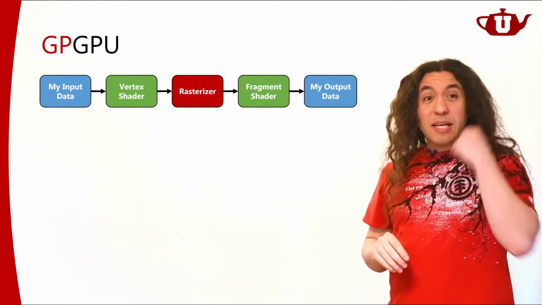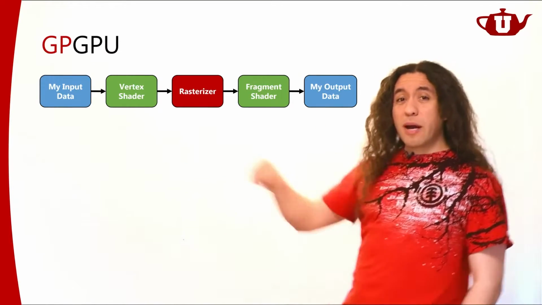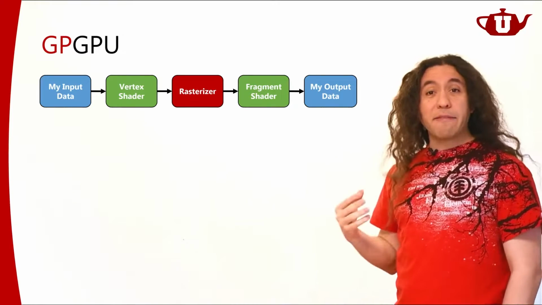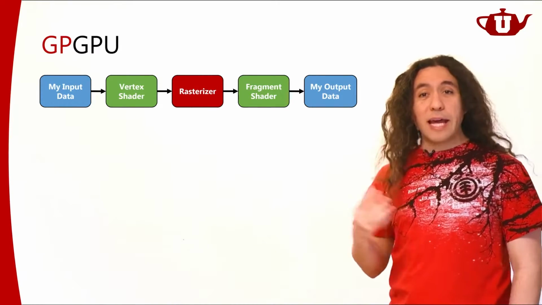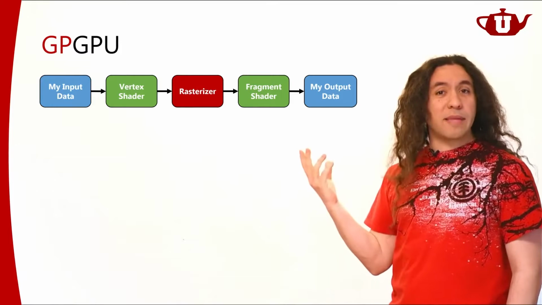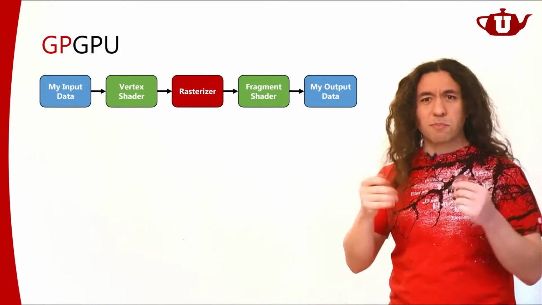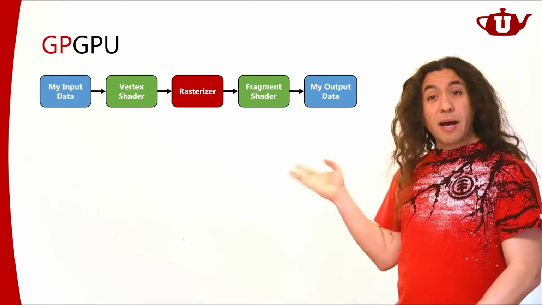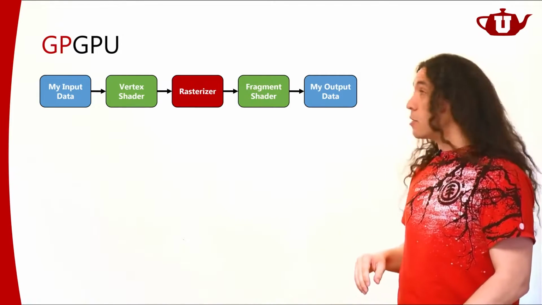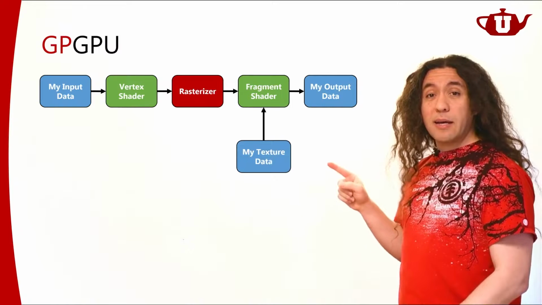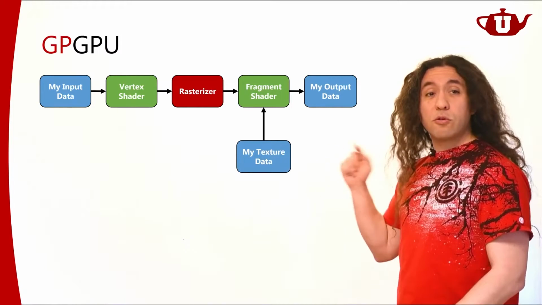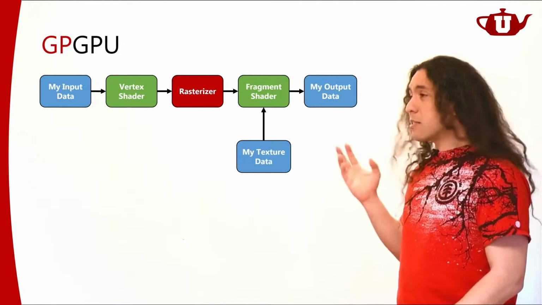Actually, it's not the only place where I'm going to get some data. I also have access to other types of data in my shaders, right? So what kind of data do I have access to? I have access to uniform variables. Oh, okay, they're just parameters. But I also have access to all sorts of textures, right? So I can send data as textures to my fragment shader and use them. And this is custom data.